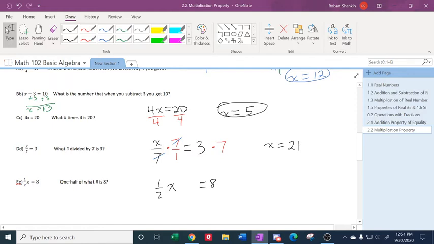But when I divide 8 divided by 1/2, that'll take quite a while to do. You have to do a copy dot flip again and so on. There's a shortcut with this. The shortcut is when you're trying to get rid of a fraction that's being multiplied, you multiply by what's called the reciprocal.